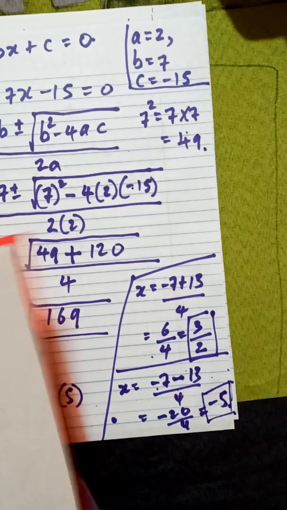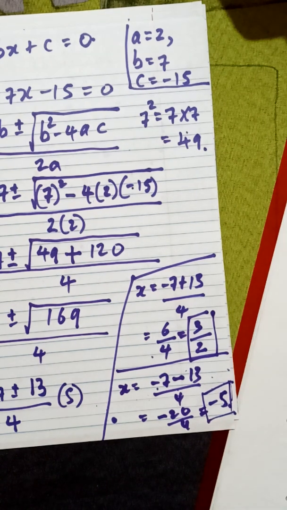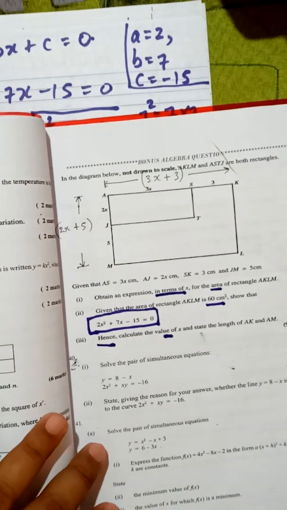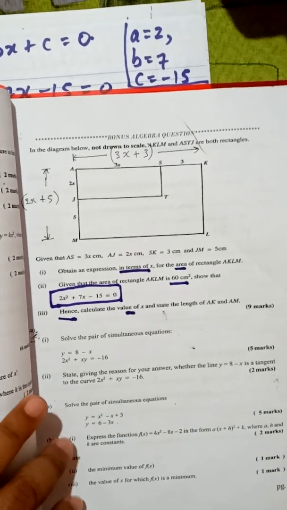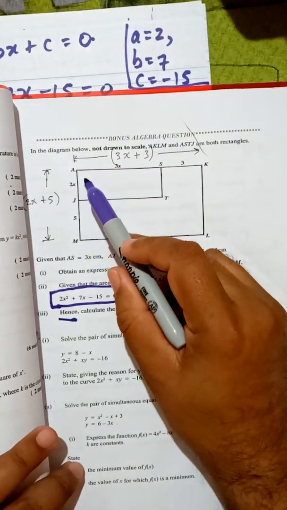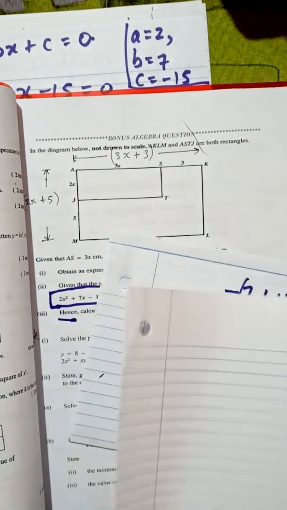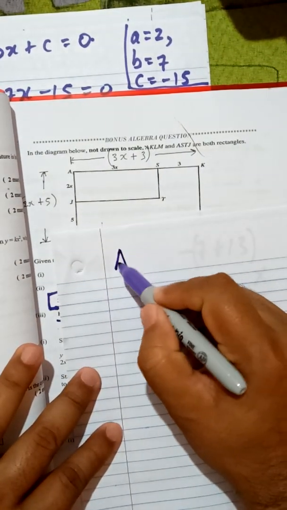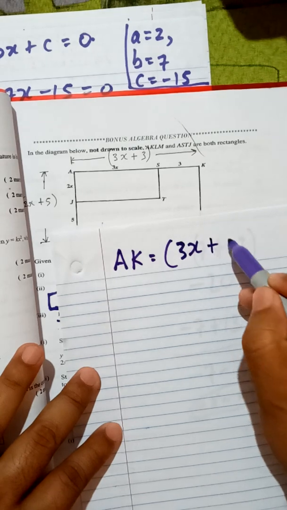All right. Now, the last part of the question says, state the length of AK and AM. Now, looking at this, we realize that AK on the diagram is represented by the expression 3x plus 3.